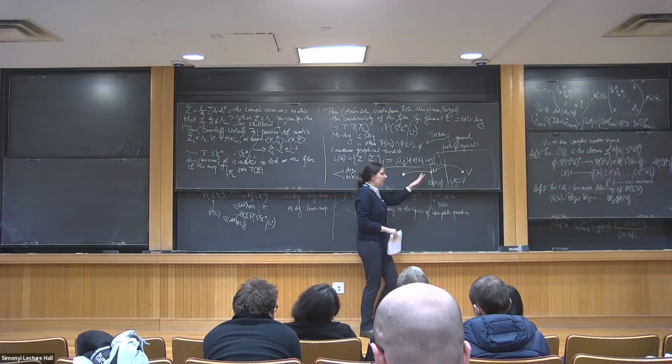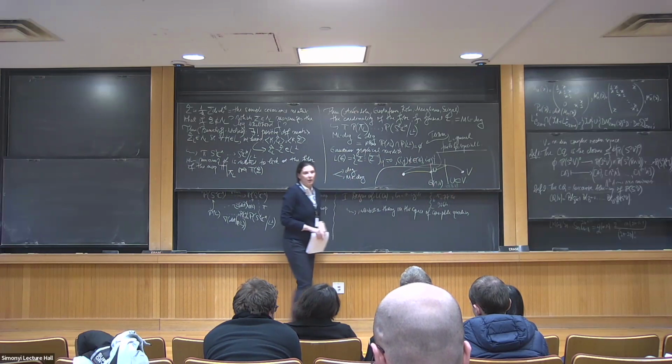So these kinds of zigzags are only for specific points in the space of complete quadrics.